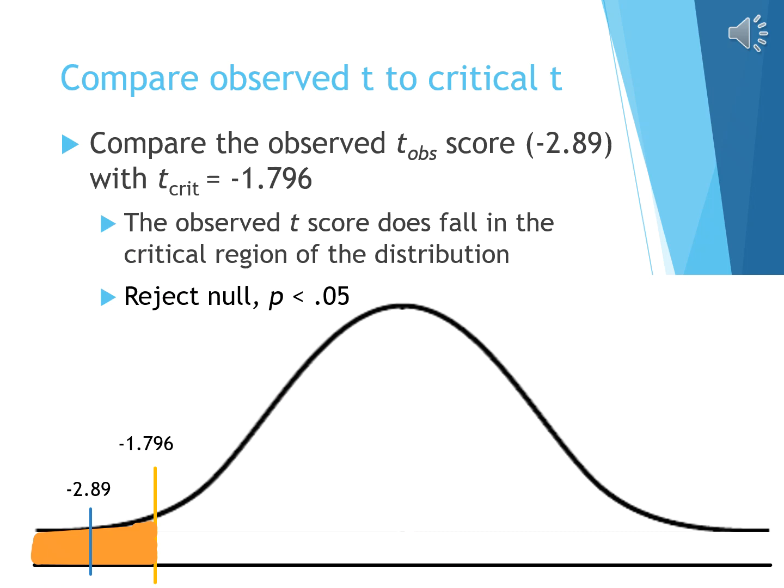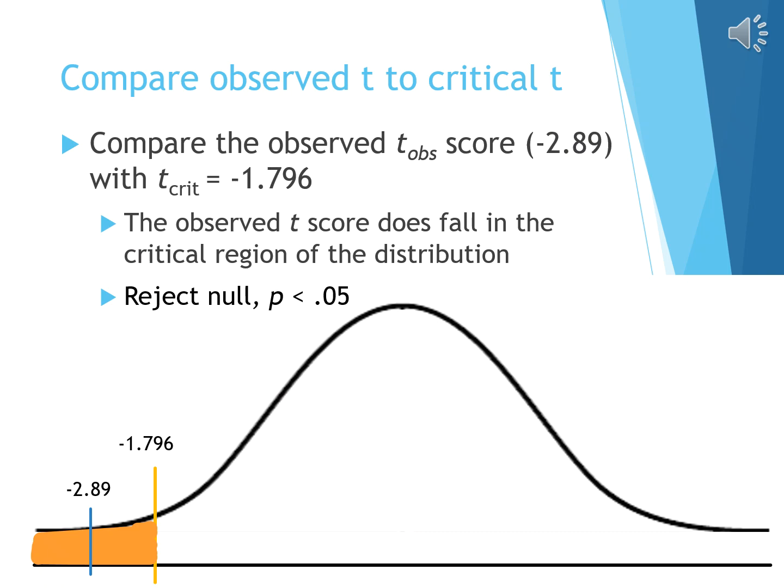You also know, because the y-axis of this t-distribution is probability, that the further you go out into the tails, the lower probability you have of finding a statistic in that region if the null was true, because remember, this t-distribution represents the null hypothesis.